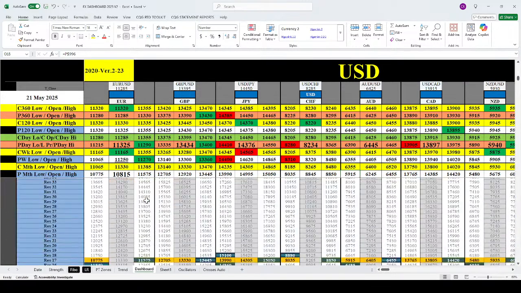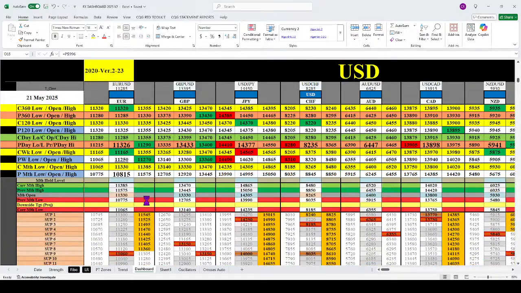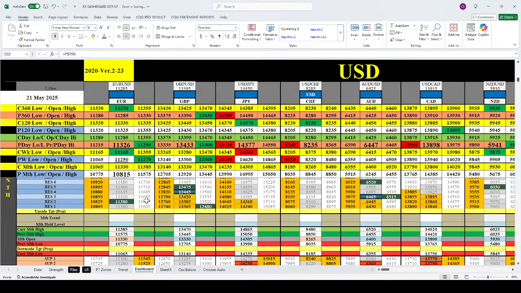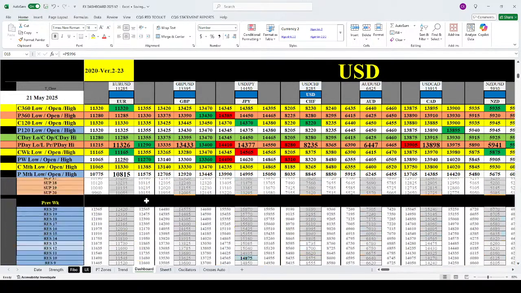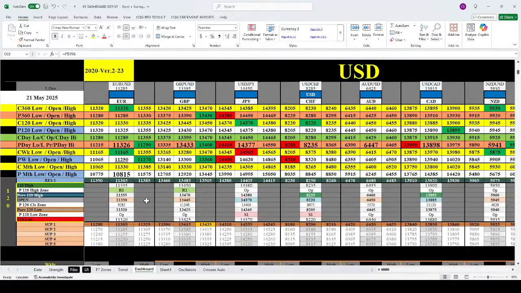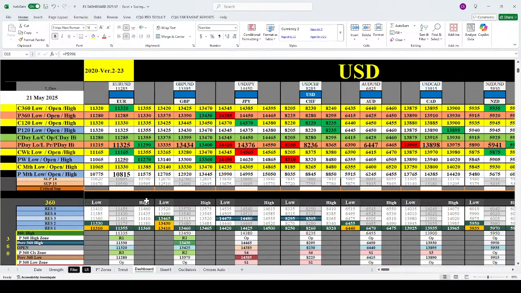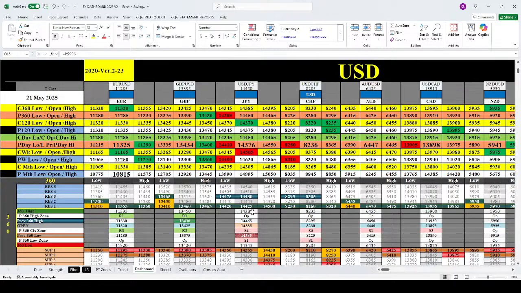So how are we going to play this trade? We will try to go for a sell and hold, but the market has not made a turn yet. So we will try to sell maybe a half lot, or 20 or 30% of our usual volume.